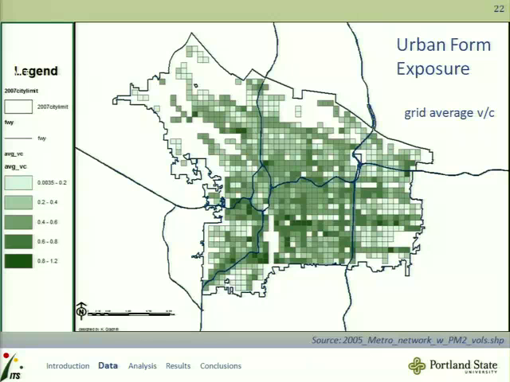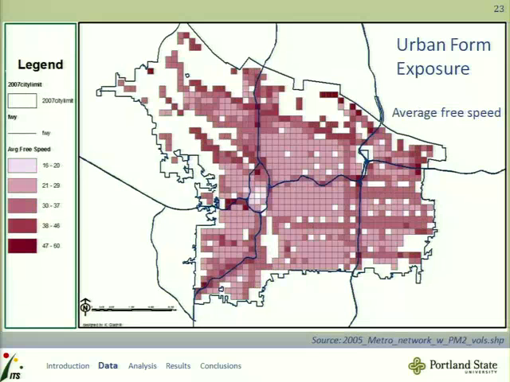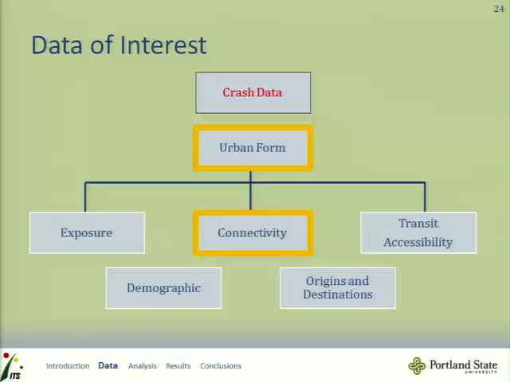But you can see we have heavier concentrations of V over C. Interestingly, not downtown in the central business district so much as in some particular areas in the region. The average free speed was also based on posted speed in the Metro transportation model. And you can see that we tend to have lower speed limits until we get more out to the peripheral areas or on some of the major arterials in Portland.